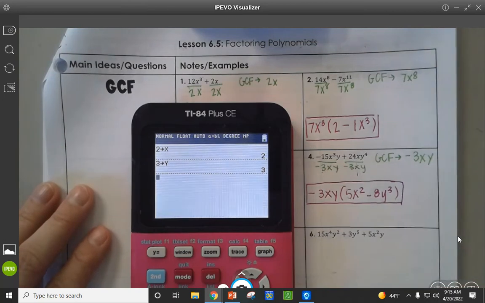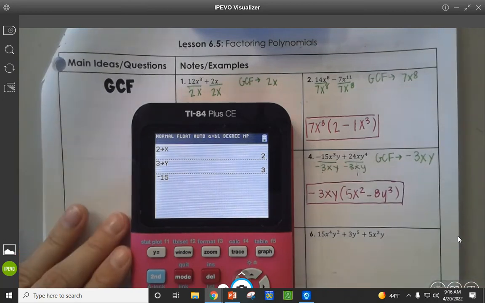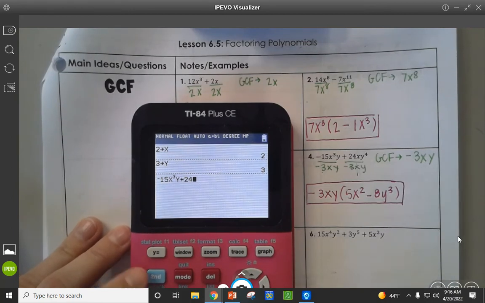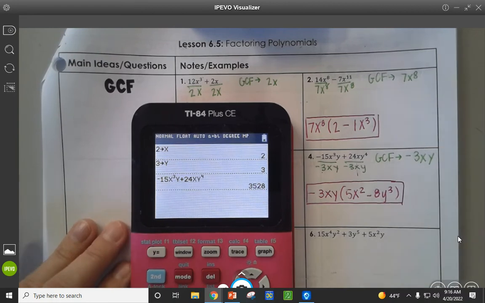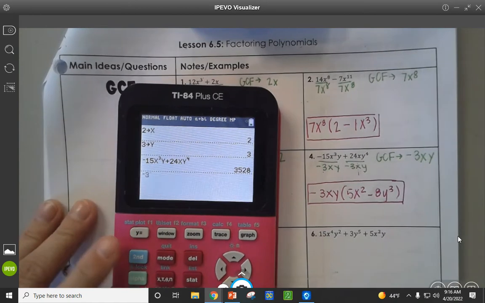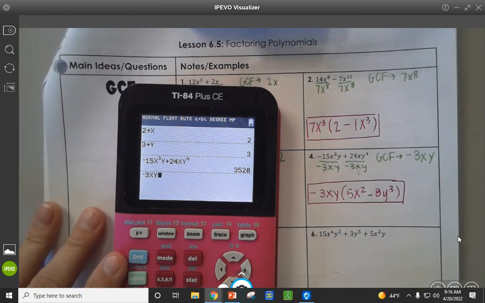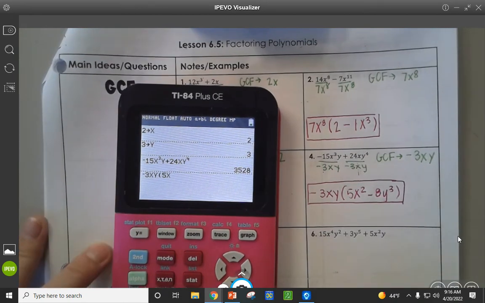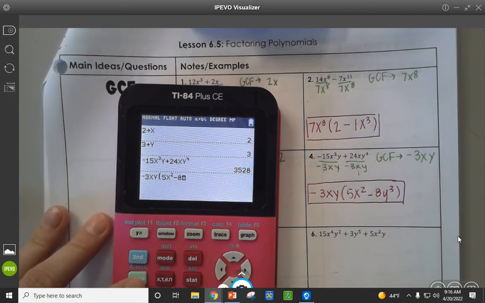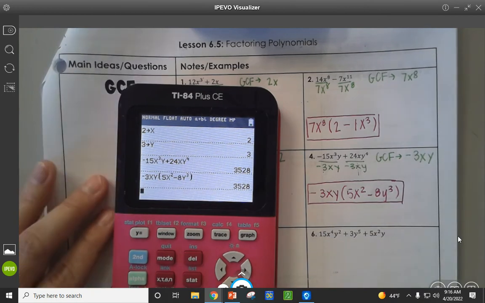And then type in your problem, negative 15x cubed y plus 24x y to the fourth. And then type in what you got as an answer. And see if they match.